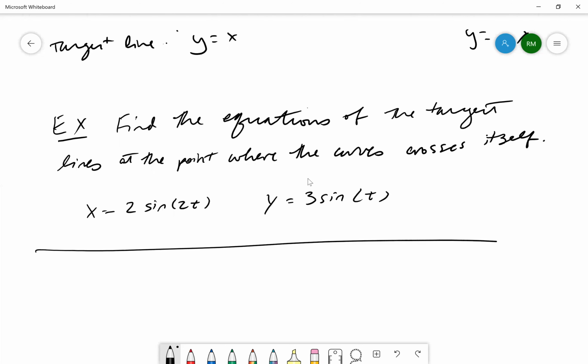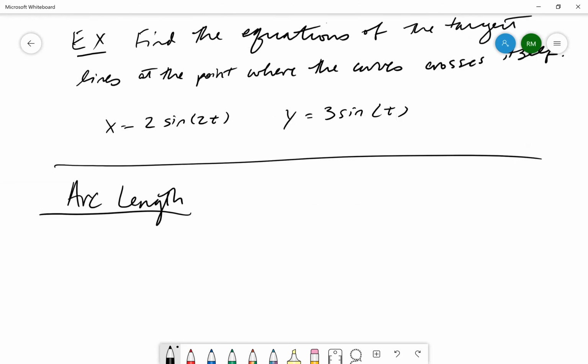All right. So we're doing pretty well today. There's just two more topics we want to talk about. And the first is arc length. It's going to turn out that arc length for parametric curves is actually a lot simpler than it was for our rectangular coordinates.